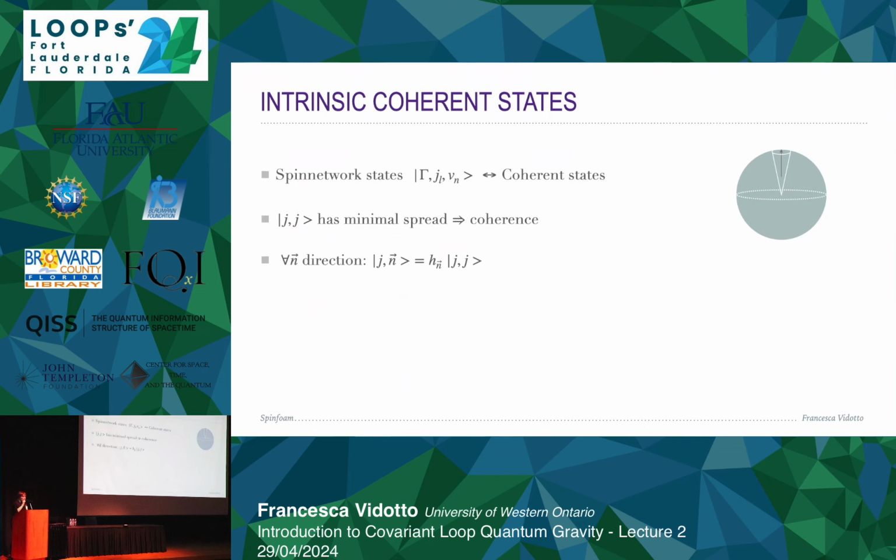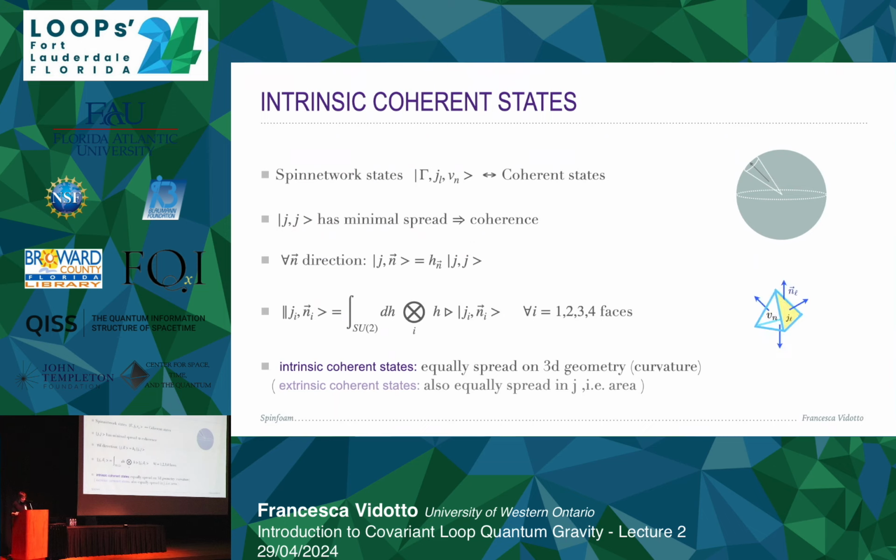This amounts just to rotating my object. So I can add here an h at the nodes, which means that I am rotating my system. In this way, I can cover all possible directions. I can just change the direction here, and the results are coherent states.